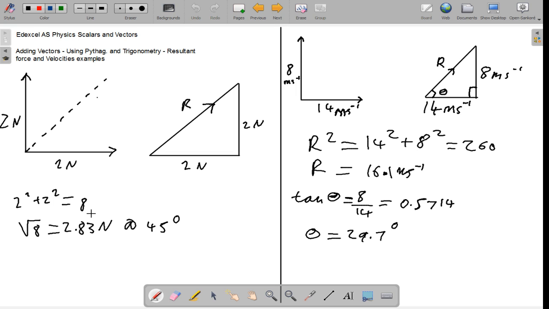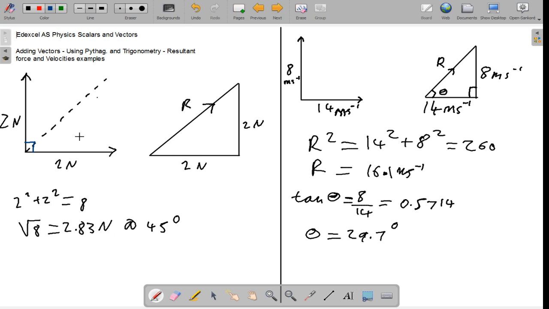So now we use the same method for resultant forces or velocities. So velocity has a speed and direction. If we look here, 90 degrees for this particular one as well. 2 newtons and 2 newtons in both directions. So you do the sum of the squares, which is 8. Square root of 8 is 2.83 roughly.